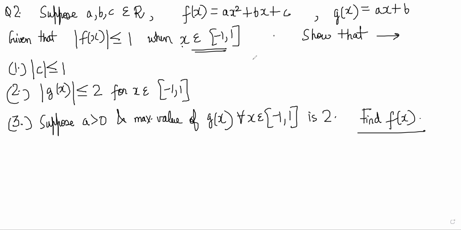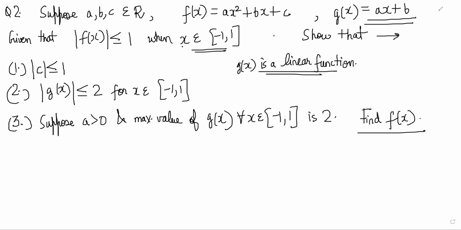Now, in the second part, we have to show that the maximum of mod of g x is less than or equal to 2, where g x is a linear function, a x plus b. Now, we know that linear functions are always increasing or decreasing because the graph of the g x function will be a straight line.